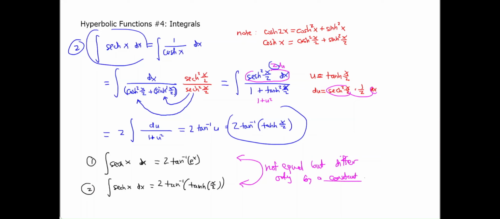All right, so there's 2 ways to see this. One of them is plotting a graph of those 2 antiderivatives, and you're going to see they have the exact same shape. They just have a vertical shift from one to the other. In other words, they differ only by a constant.